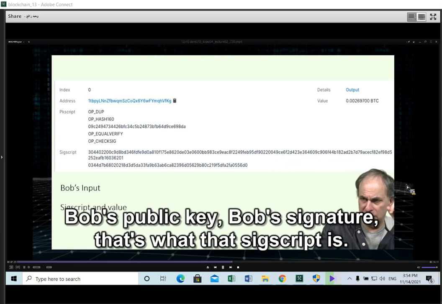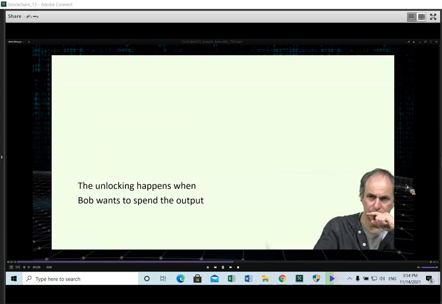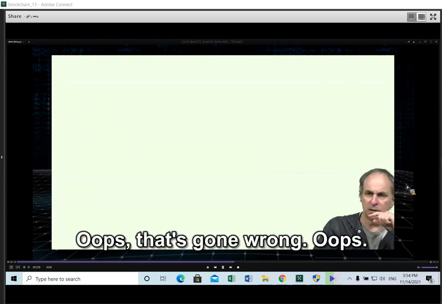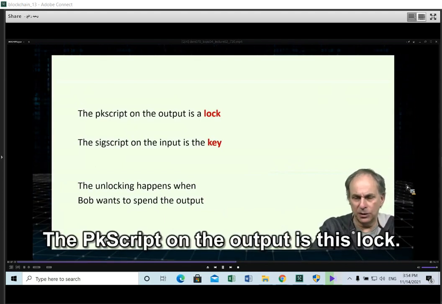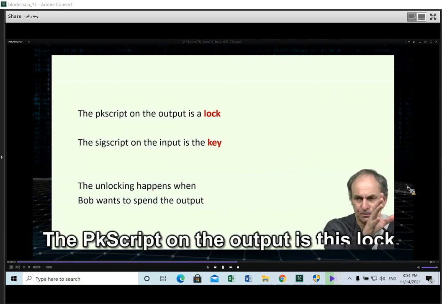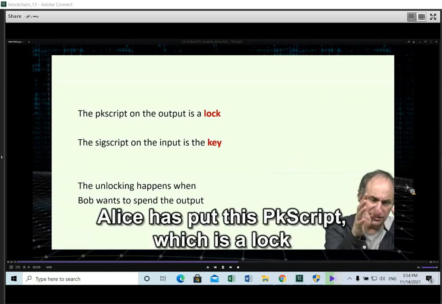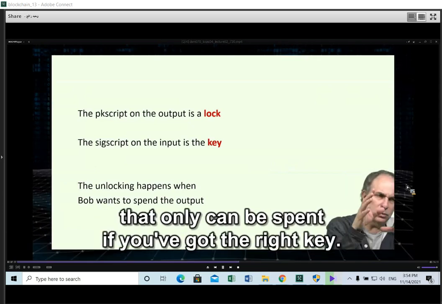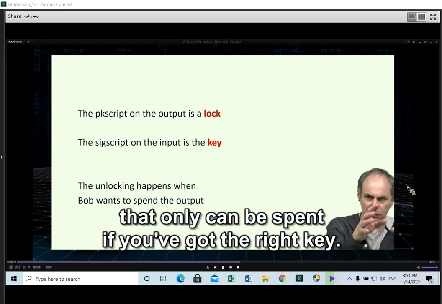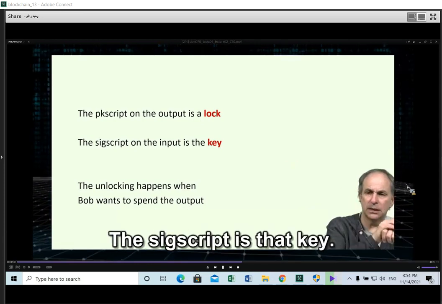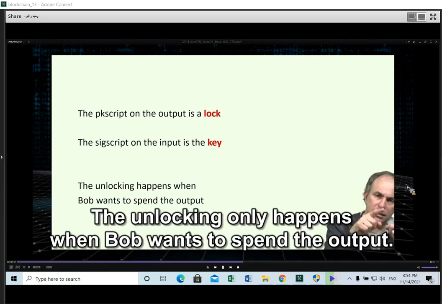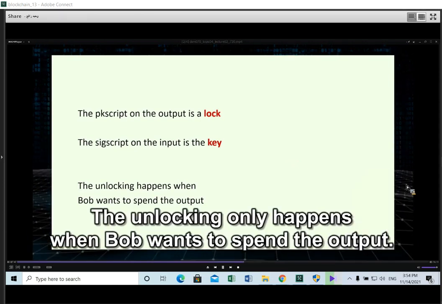Okay, PK script is a program. It's a little program, and it manipulates a stack. So just to remind you, those of you who probably mostly all know what a stack is, but if you don't know, a stack is a standard computer science data type. The metaphor is a stack of dishes or a stack of books, but a stack of dishes is how I learned it.